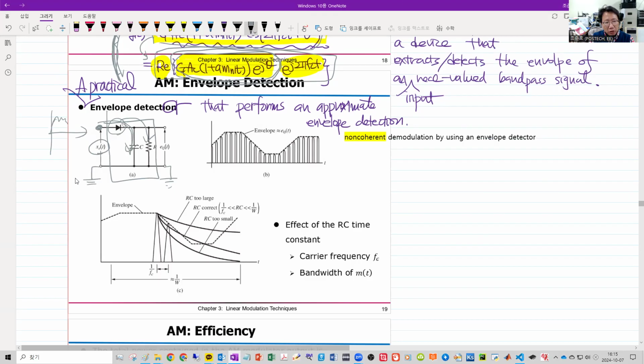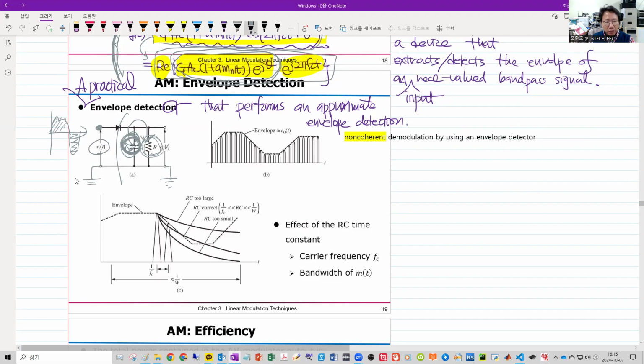So during this positive part, the electrical charges are stored in the capacitor. And what happens in this negative cycle? The diode blocks. So this becomes an open circuit, and the charges stored in the capacitor flow through the resistor. Got it? So we see a time decaying voltage.